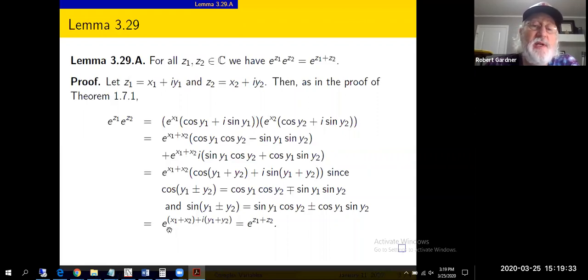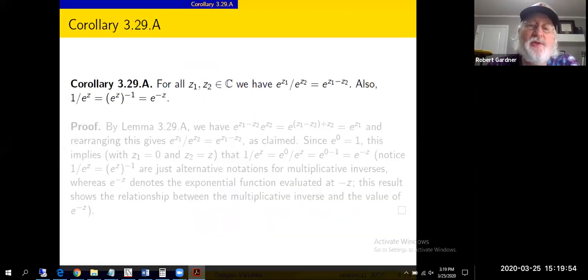This gives us e to the x1 plus x2 plus i times y1 plus y2, using Euler's formula on this part. And that is exactly e to the z1 times e to the z2. So the proof is straightforward. It's really just trig, Euler's formula, and the definition of the exponential.